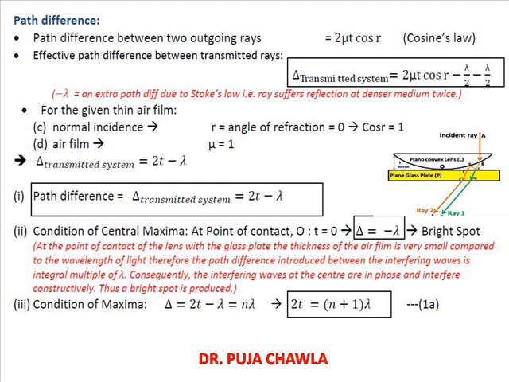Second, condition of maxima. When I am saying condition of maxima, path difference is equated with integral multiple of lambda, meaning n lambda. 2t minus lambda is equal to n lambda. That means 2t comes out to be n plus 1 lambda. This is the condition of maxima in case of transmitted system of light.